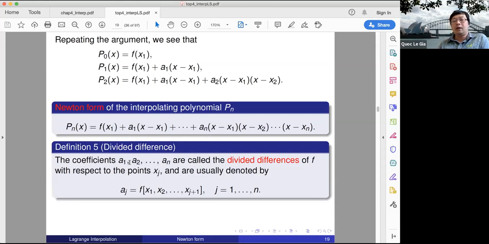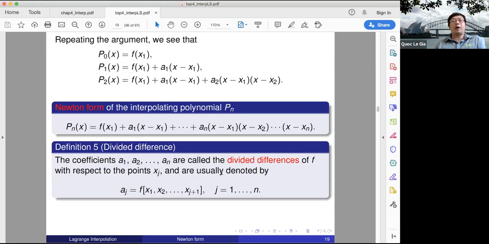The coefficients A1 up to An are called the divided differences with respect to the points xj, and denoted by F, then open square bracket, x1 comma up to xj plus 1, close bracket.